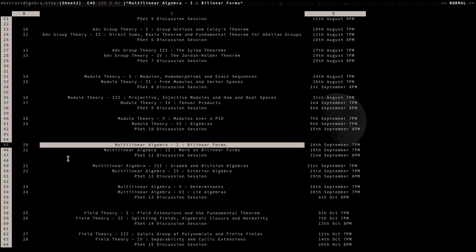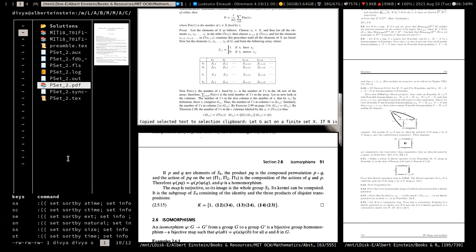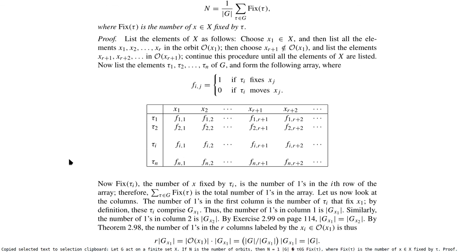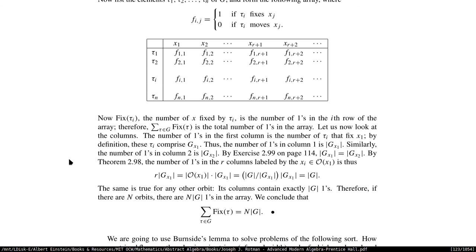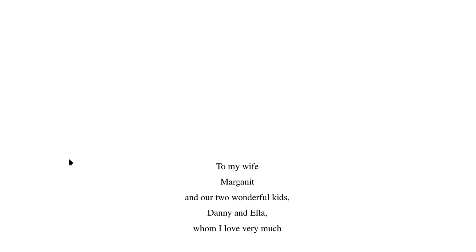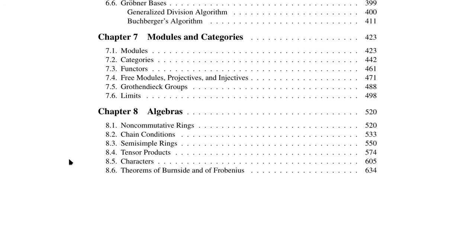So, I'm not sure if he uses stuff like this in exterior algebra and other things. I don't think so. I'm trying to find out where I saw it. It was way back in chapter 8, which wasn't this stuff on multilinear algebra. Yeah, chapter 8 is just algebras, okay.